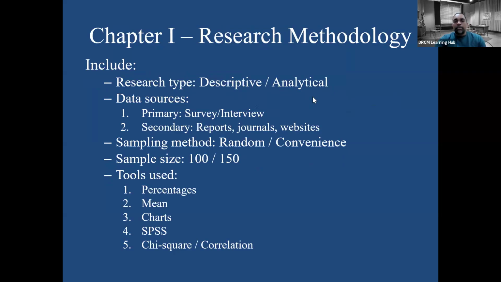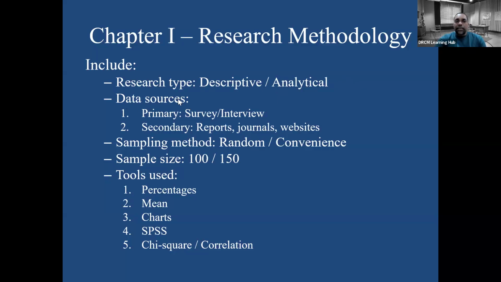What it is, I am going to explain in the next slide. Whenever you are writing research methodology, you need to write research type clearly: I did descriptive research, or I did analytical research, or my study research type is analytical.